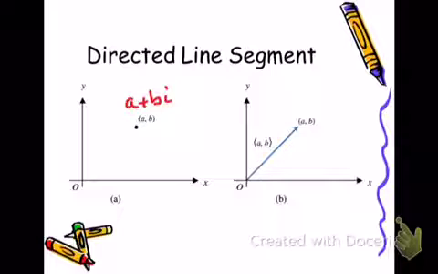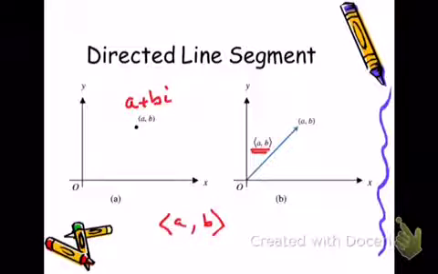A plus bi in the complex plane translates to this vector notation. That's called component form of a vector. So anytime you see this, what that is defining is the vector that starts at the origin and ends at that point. Okay? Y'all all right with this?